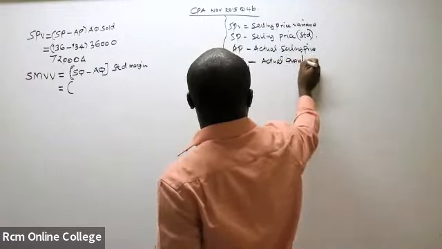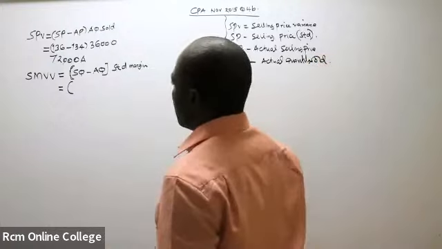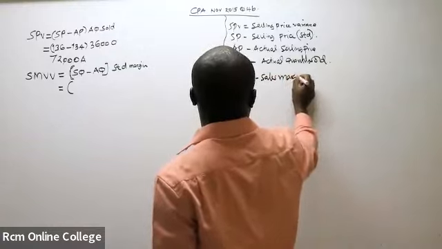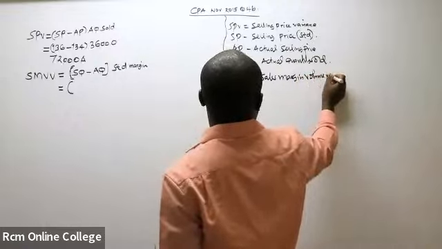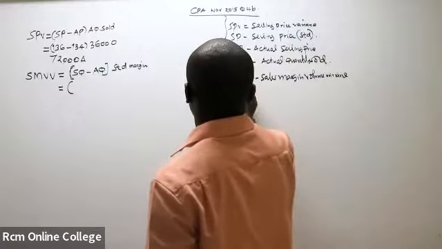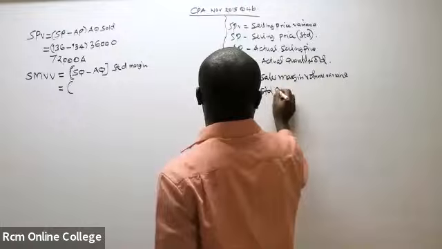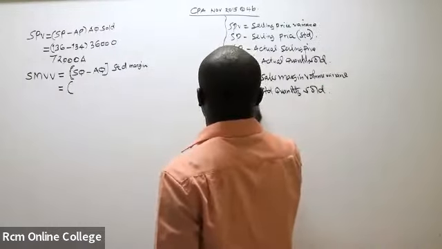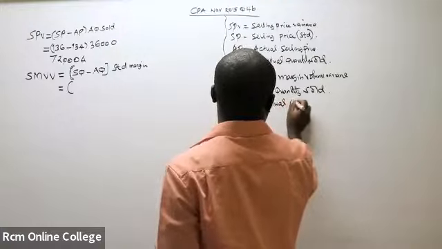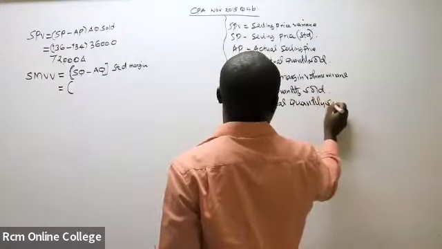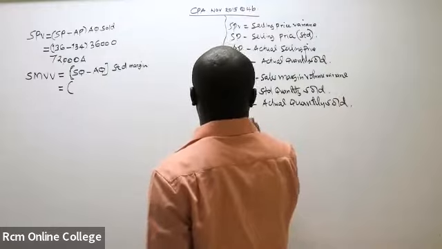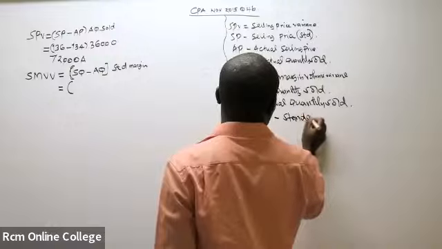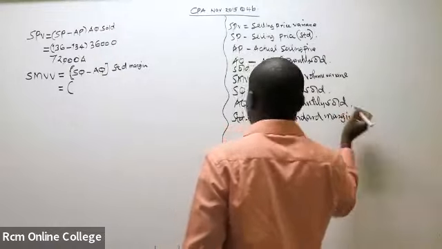Actual quantity sold. So it was sales margin volume variance, which is SQ, standard quantity sold, minus AQ, actual quantity sold, then multiplied by STD margin, standard margin.